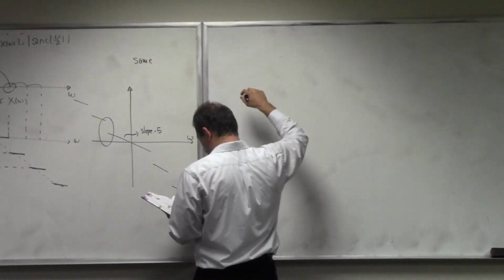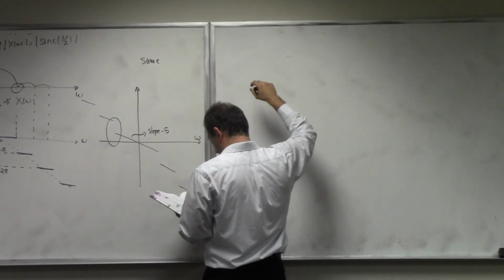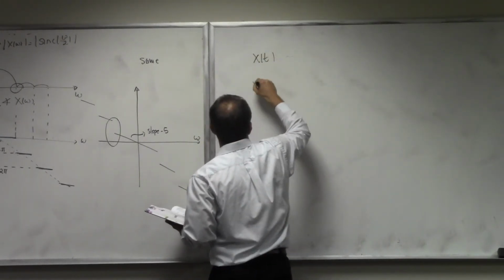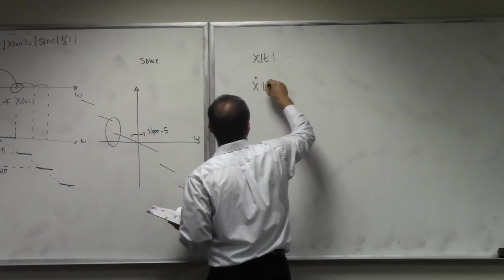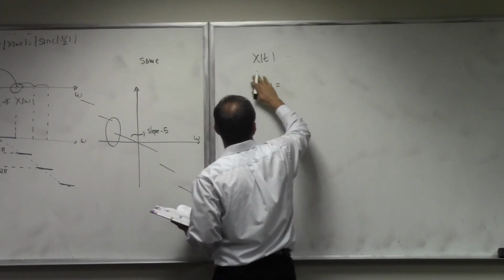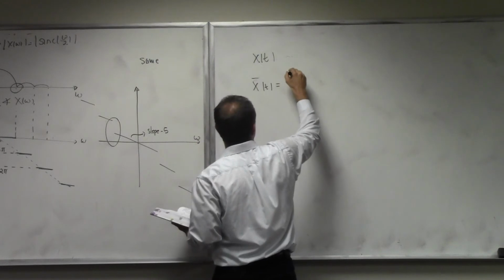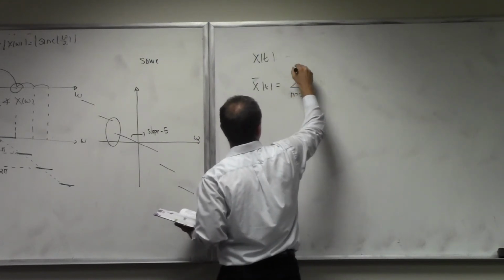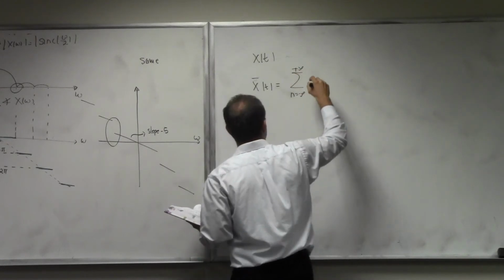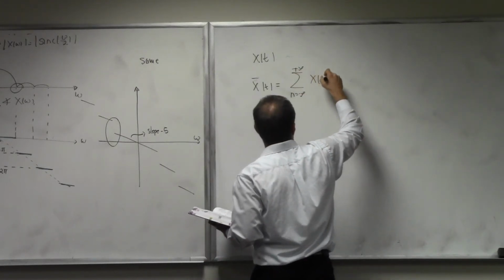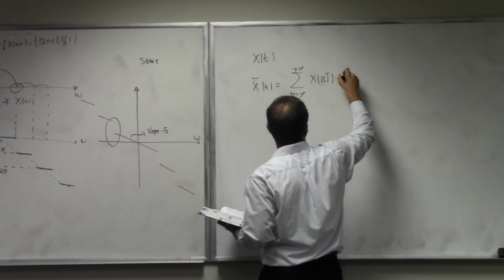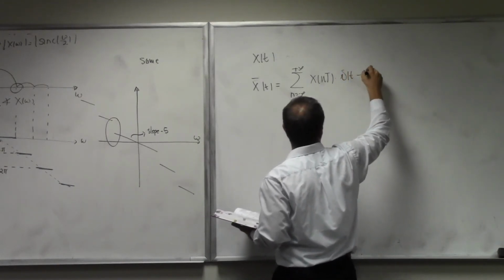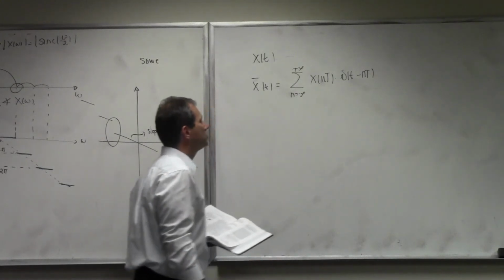We have a signal x of t, and we have a sample signal x hat of t that, just for reference, the ideal sample signal is the sum when n goes from minus infinity to plus infinity of x of nT times delta of t minus nT. This is our ideal sample signal which we discussed.